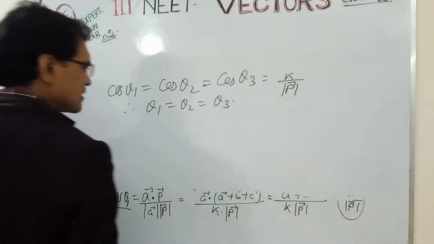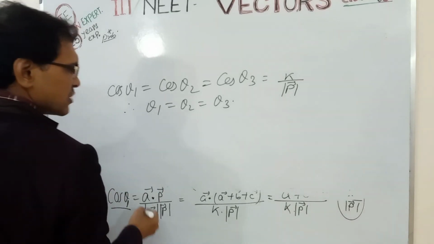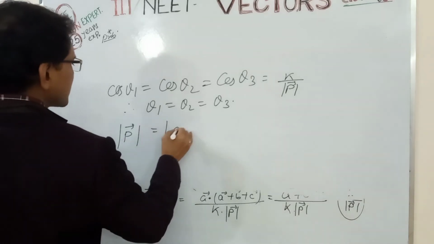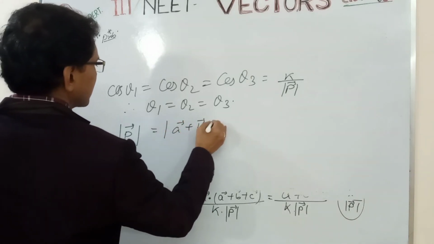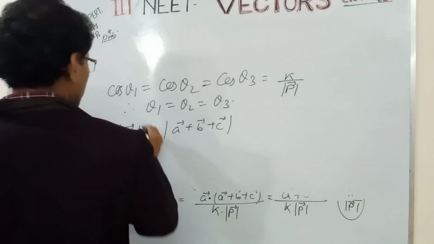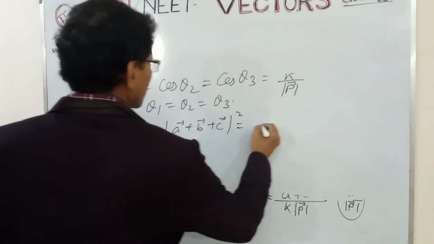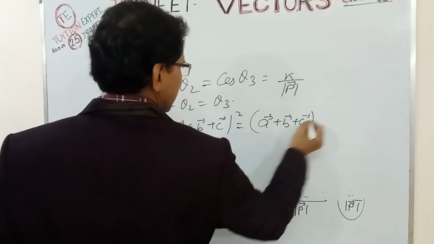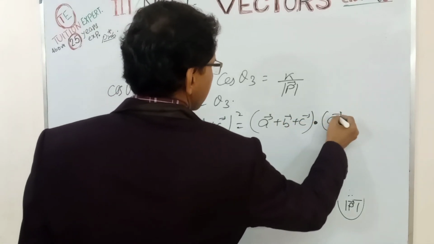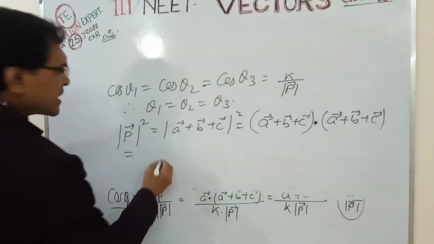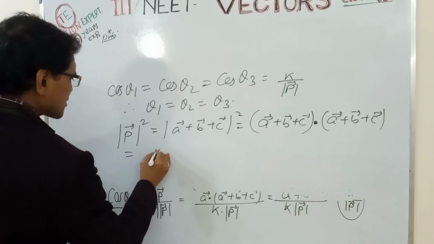Now what is the angle? To determine the angle, we have to first find the magnitude of P. So what is the magnitude of this? Mod P square equals P dot P. A dot A means A square, that is K square.